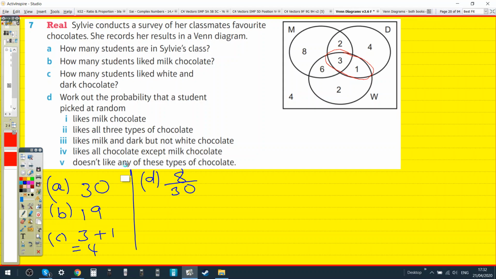Milk chocolate wasn't 8. Sorry, what was it? Probably. Yeah.